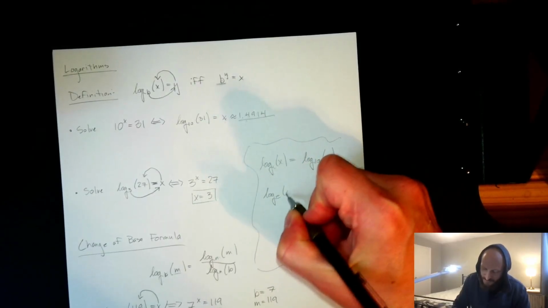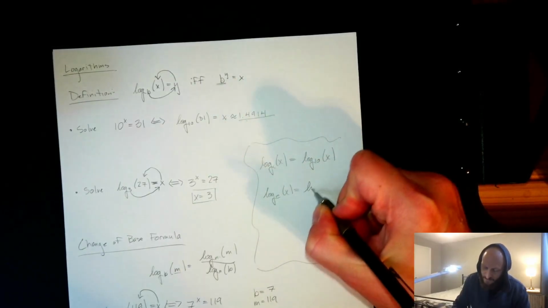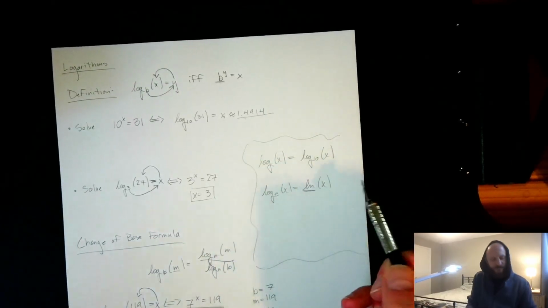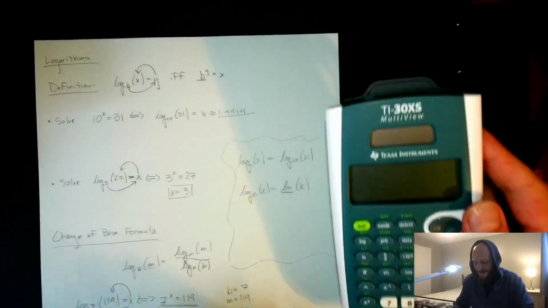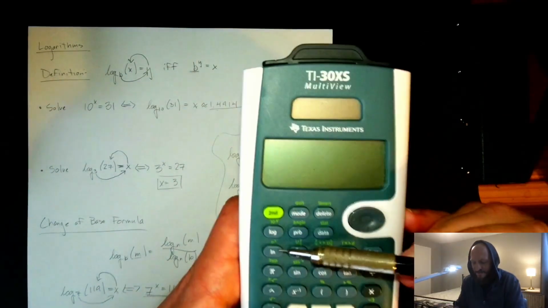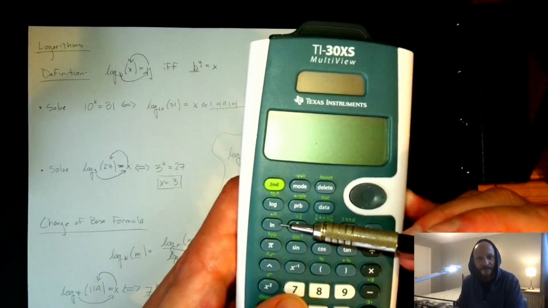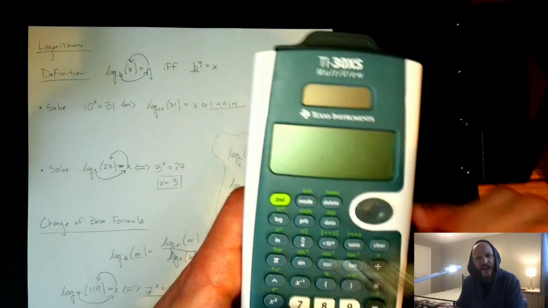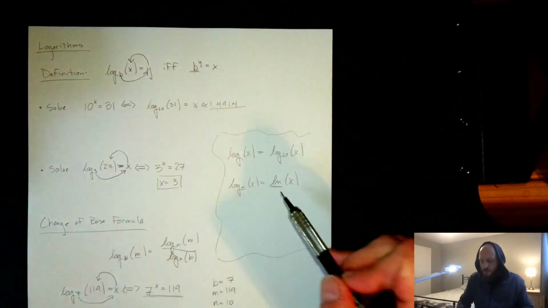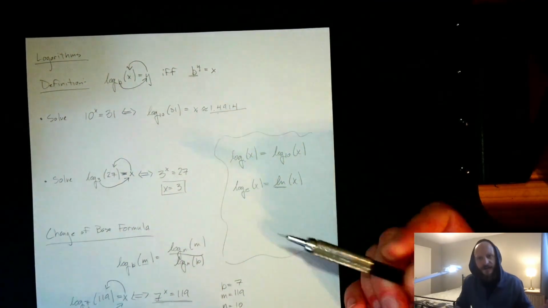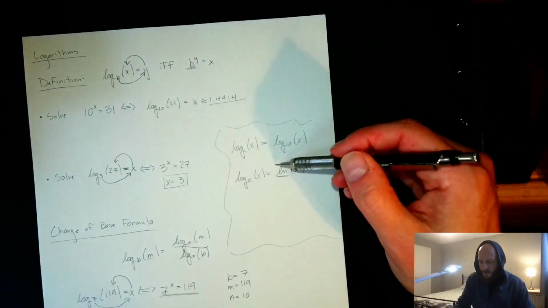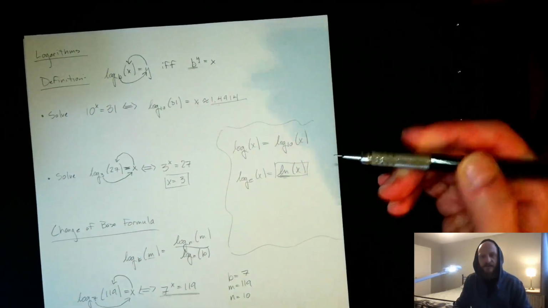So log base e of x, we call that the natural log, and it's written as ln of x. I know on the calculator, a lot of times people read that as "in." No, that's an L. ln, natural log. So natural log is literally just log base e. Everything else, like the definitions, are all the same. So don't get hung up on this notation, the ln. It just means log base e.